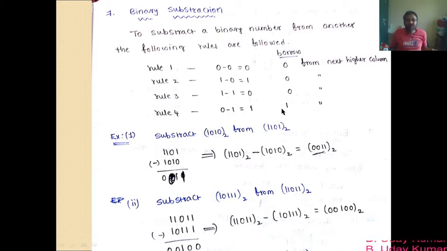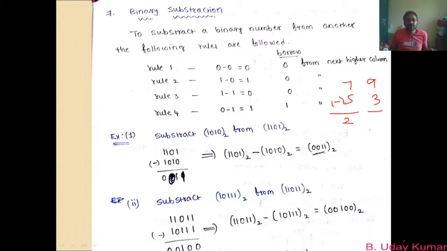To understand this one, let us take a small example. You know how to subtract decimal numbers from decimal numbers, right? For example, you know the value of 7 minus 5. This is very simple to you. What do you get? You get 2, right? Similarly, you know how to subtract 3 from 9.